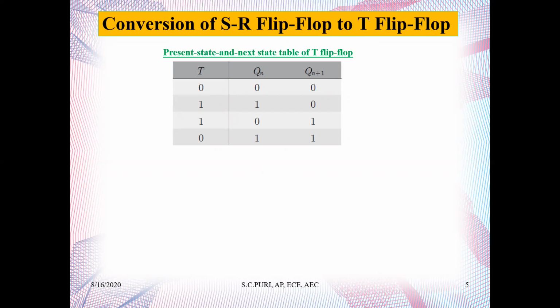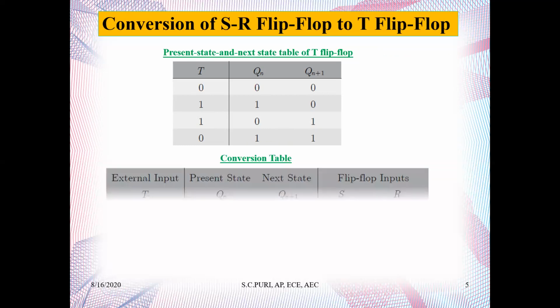So we are fine with this flip-flop. So 0 becomes 0 only. But if it is 1, then toggling will occur. Same, toggling will occur, and 0 is no change. So this is what our T flip-flop does.